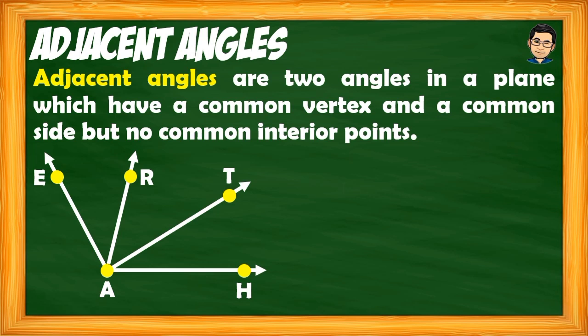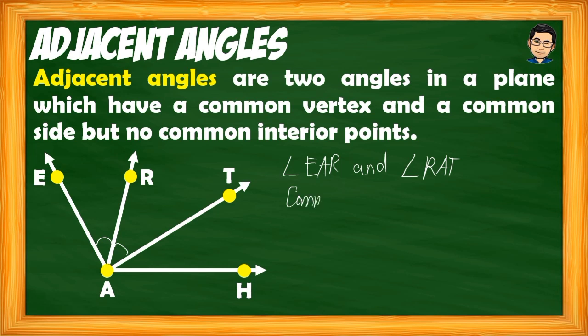Let us have the first pair. Like, for example, angle EAR, yan po yung isang angle natin, and angle RAT. Ito po yung angle RAT. Bakit tinawag natin silang adjacent angles? Meron po kasi silang common vertex.